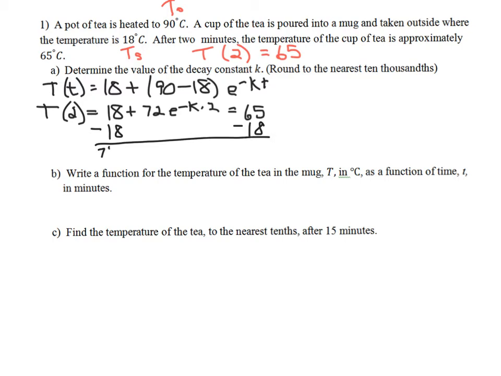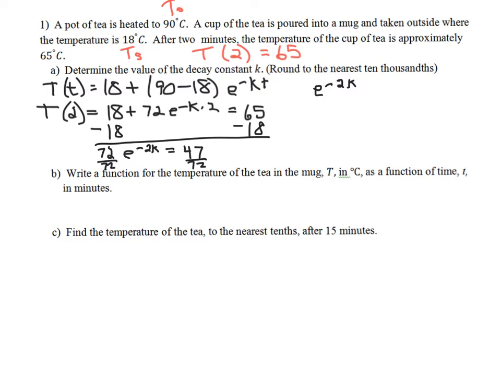So I now have 72 e to the negative, I can just as easily write this as 2k, is equal to 65 minus 18, which gives me 47. Now I again want to isolate that exponential, so I'm going to divide both sides of the equation by 72. This is a pretty complicated equation to solve, so you have to think about the steps in getting that variable by itself.